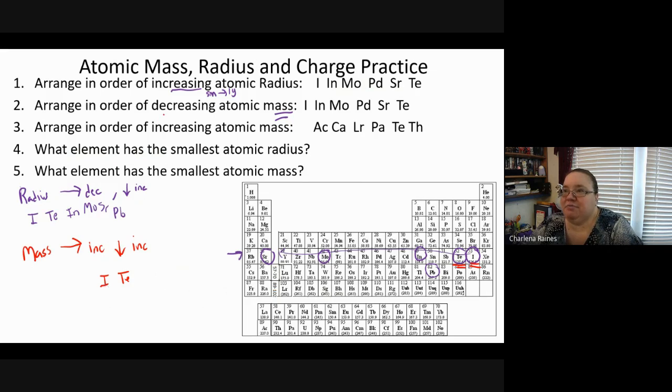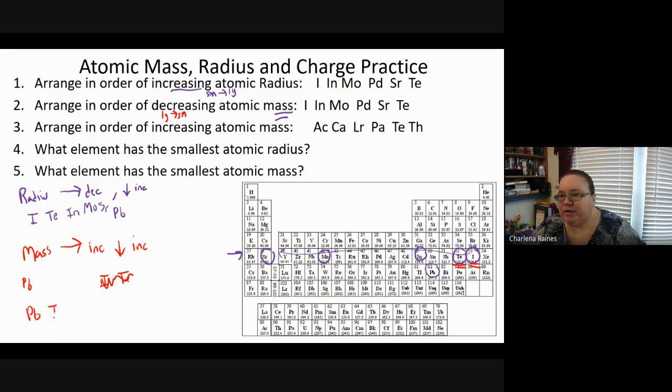So decreasing means we are going from large or largest to smallest. So the largest of all of those masses is lead. And then we can kind of read each of our masses from there. I don't know why I put those so far across.